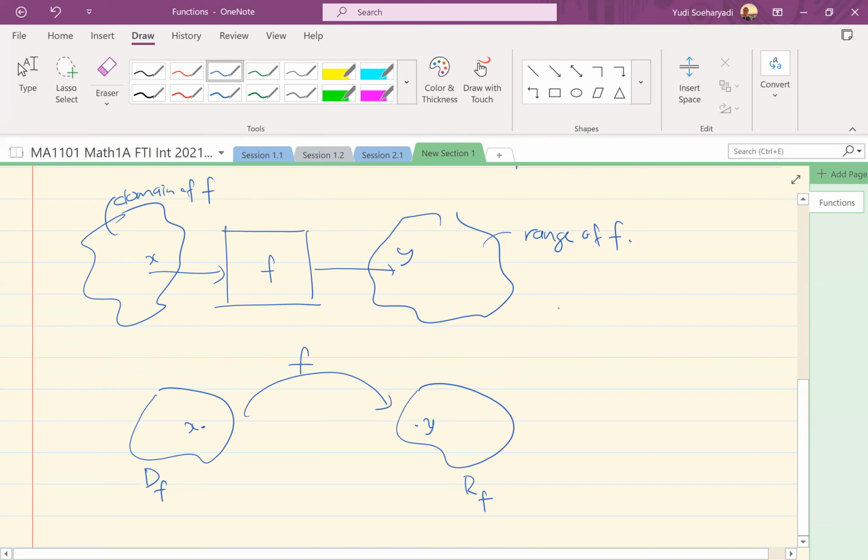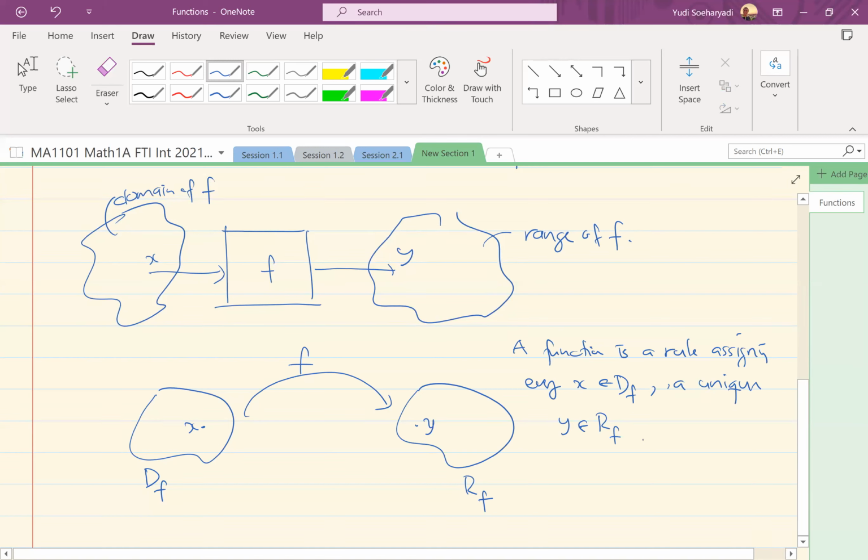A function is a rule assigning every x in the domain a unique y in the range.